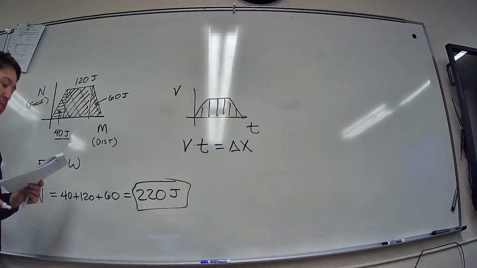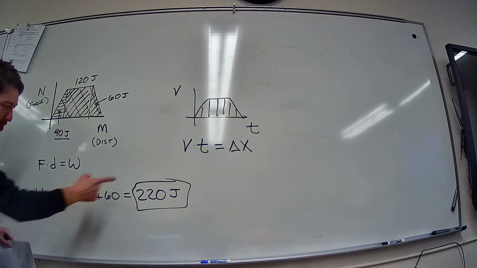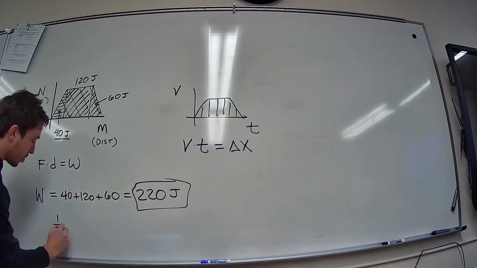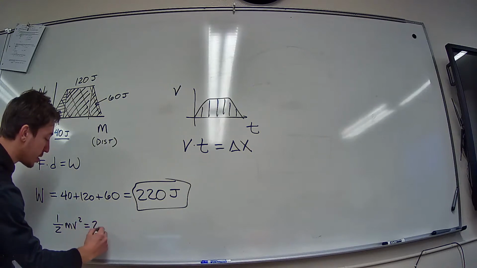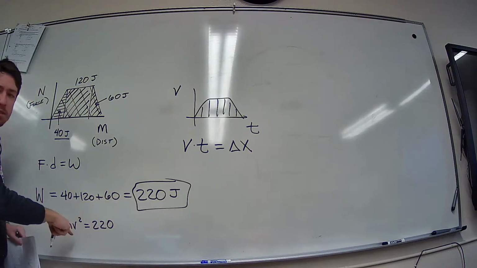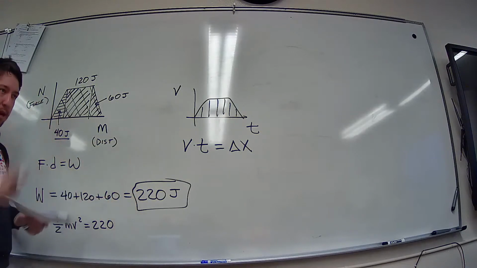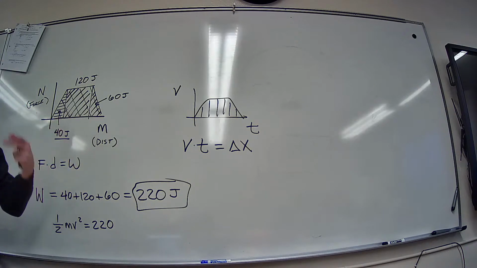What's the block's final velocity? Well, I know that's going to be the block's energy, so simply set that equal to 1/2 mv squared. Does that make sense? That's how much work I've done on the block, so that's how much kinetic energy the block should have, barring any loss of energy like friction, noise, or air resistance. We're ignoring all that.